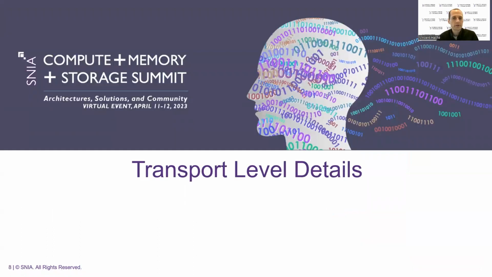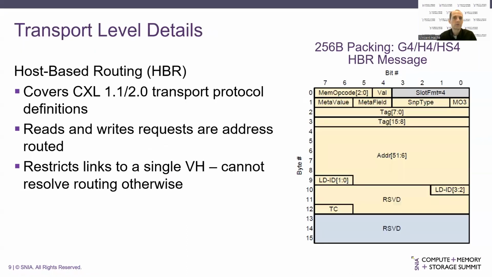Why don't we take a look now at the transport level details that have been defined to facilitate this. We'll start off with a review of what has been named host-based routing. That's the term that's been used in CXL 3.0 to cover the CXL 1.1 and 2.0 transport protocol definition.